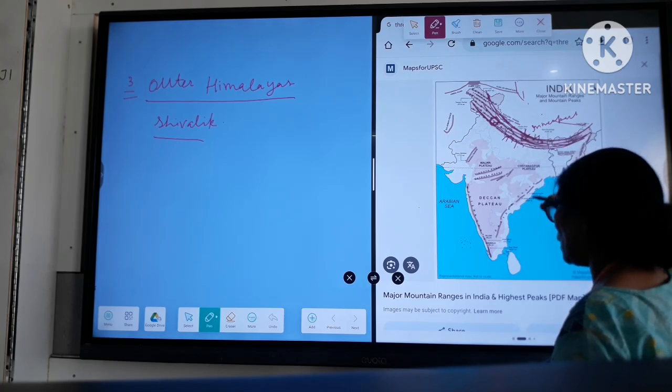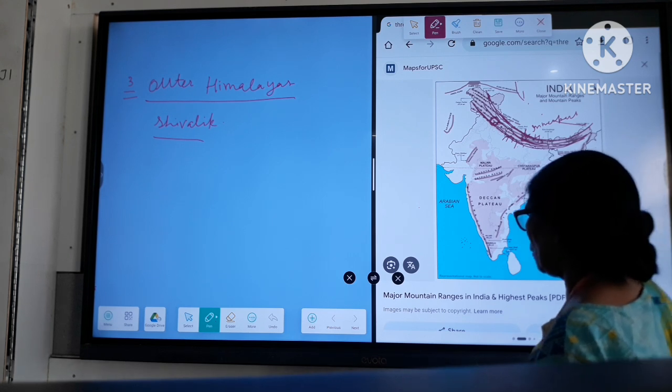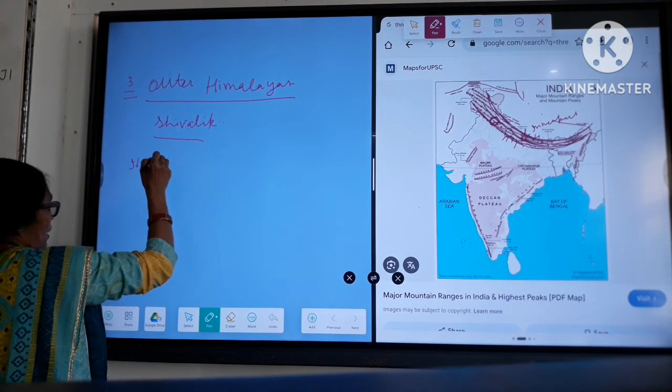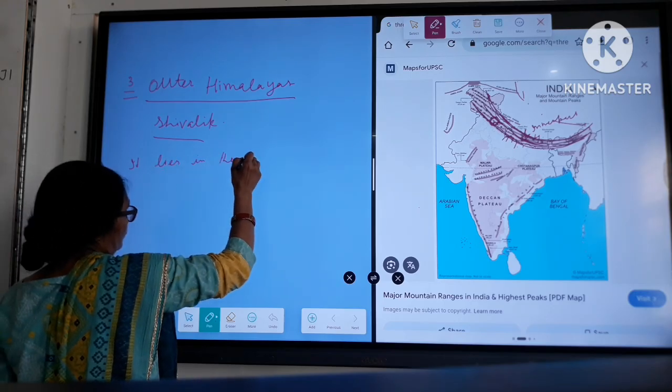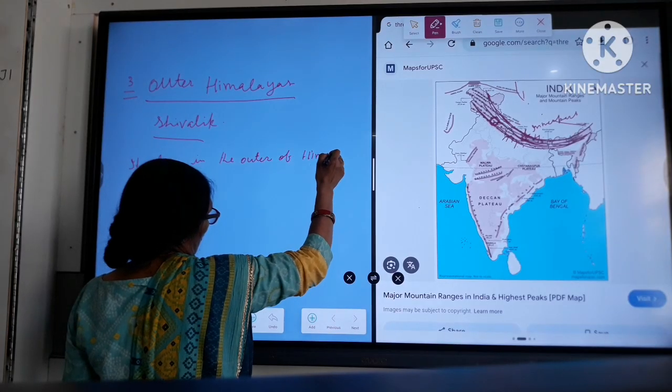It lies in the last of the Himachal, the outer part of Himachal.